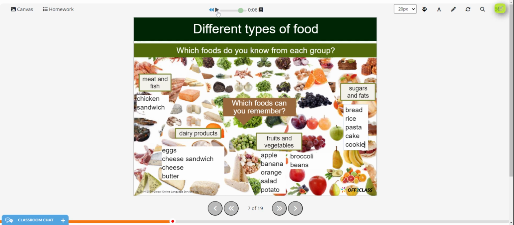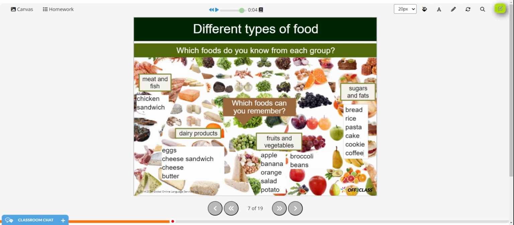Coffee. Coffee doesn't really fall in many categories. Some people put cream and sugar in their coffee, so in that case, it would probably be under sugar and fat. Otherwise, it's just water, basically. Tea, same thing.